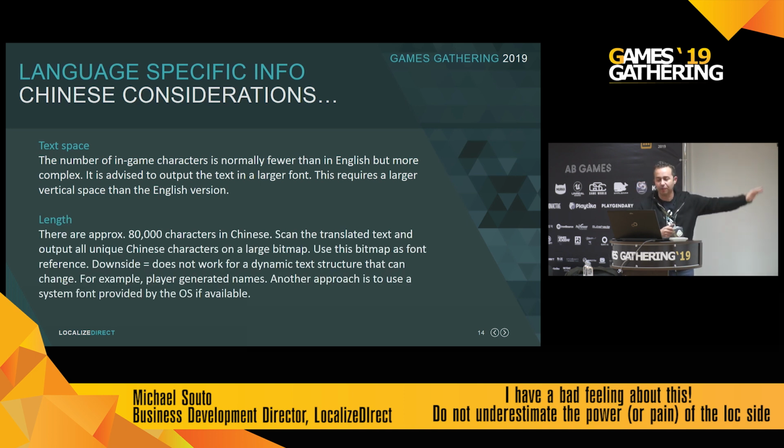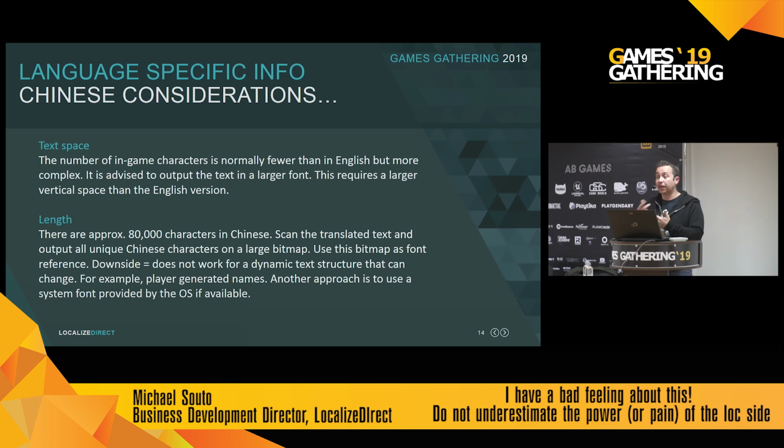Right, this is a very long piece, but the crux of this last part about length is, I'm sure that you've experienced the real problems with memory and the amount of characters required, because there are 80,000 of them. So if you're making a mobile game, you don't really want to have an enormous download. A lot of people will scan the translated text from their game itself, which is fine.